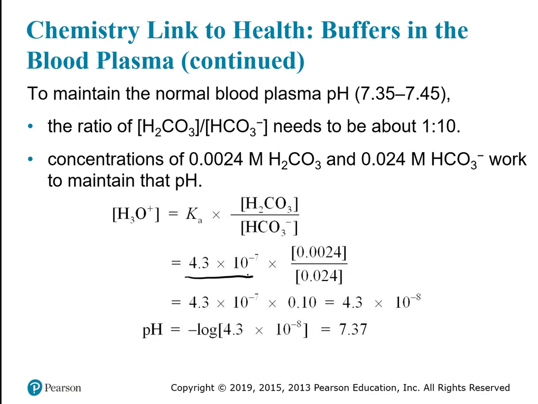But you need the Ka of carbonic acid, and we already have an approximation of what the pH is. So you can actually work backwards and figure out your concentration, or you can go forwards, and if you have all of your concentrations of the weak acid and the conjugate base, then you can calculate your hydronium and you can calculate your pH of blood. So that's a practice that you can do if you want more practice with the math from this section.